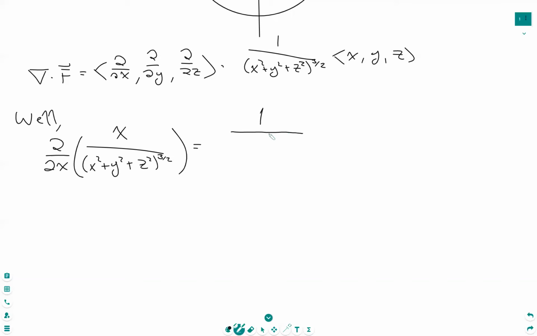This is 1 over the original x squared plus y squared plus z squared to the 3/2. And then I keep the x and I multiply by the derivative of 1 over this denominator. So we get minus, we end up with a 3x squared in the numerator, and then the denominator is x squared plus y squared plus z squared to the 5/2.